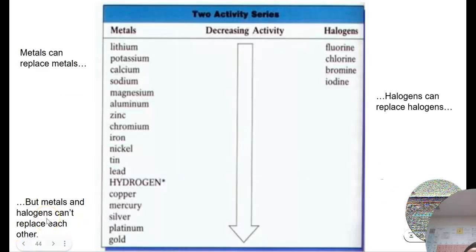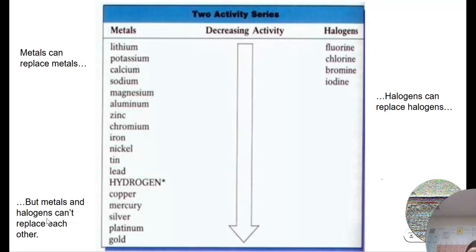All right, you might wonder who is trying to replace who. Well, if there is a metal dancing with a non-metal, and a metal wants to come in and cut in, only metals can replace metals. You can't have a metal replace a non-metal. We could also have the other side of that, and especially this happens with halogens. So halogens, we're talking fluorine, chlorine, bromine and iodine, the second to last group in the periodic table.